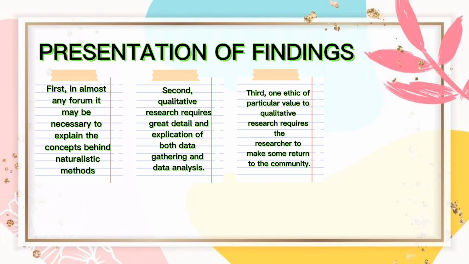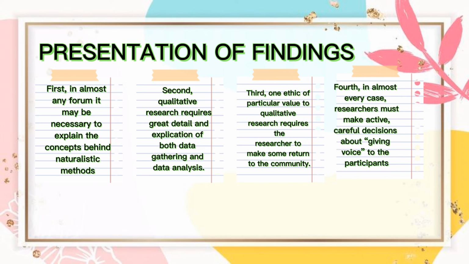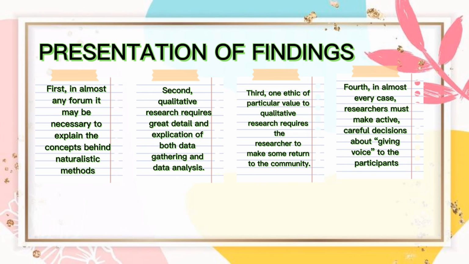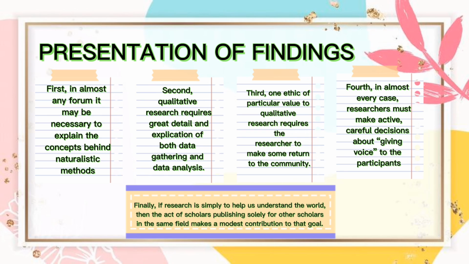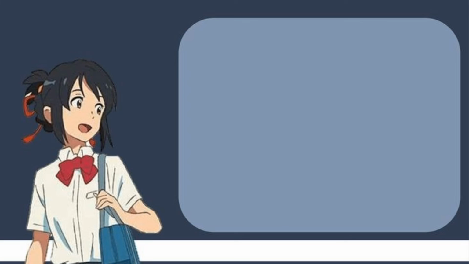Fourth, in almost every case, researchers must make active, careful decisions about giving voice to the participants. Finally, if research is simply to help us understand the world, then the act of scholars publishing solely for other scholars in the same field makes a modest contribution to that goal.